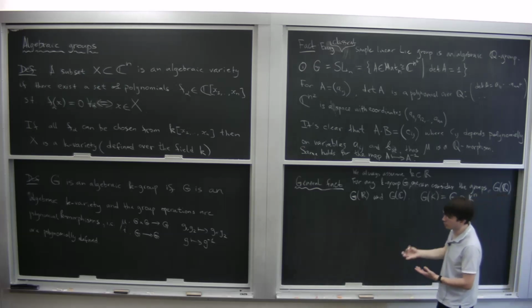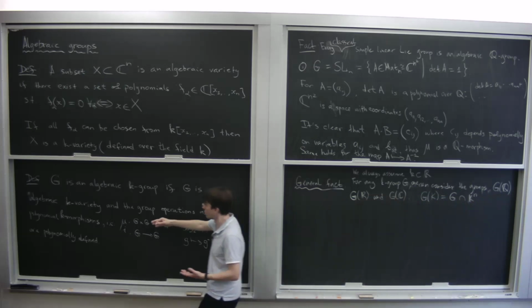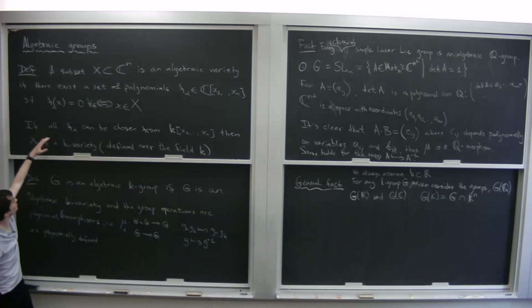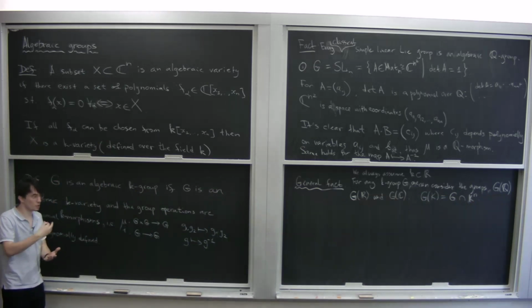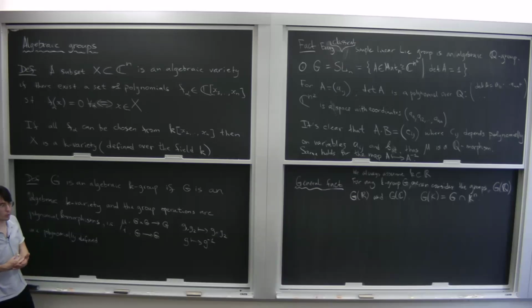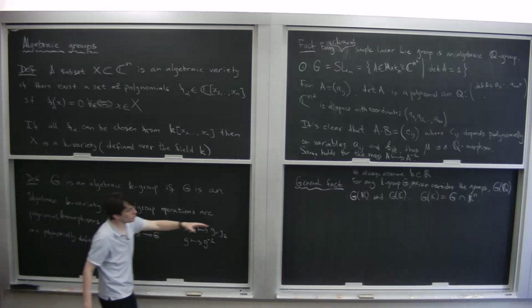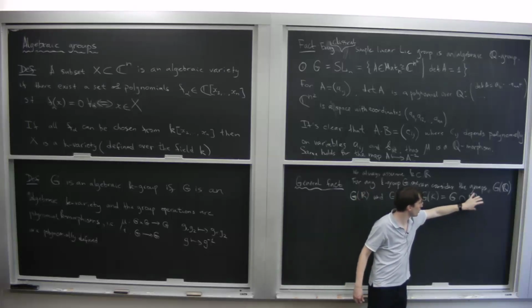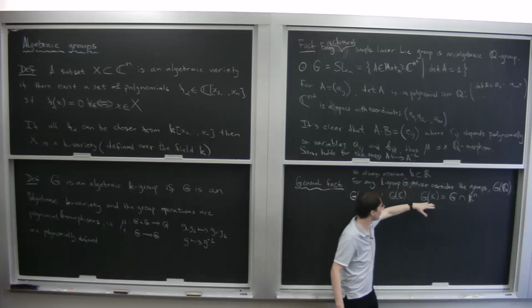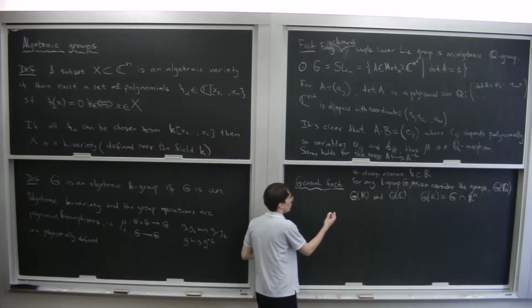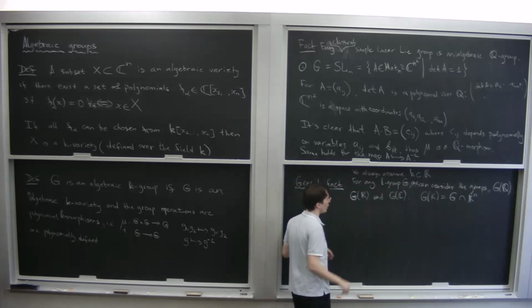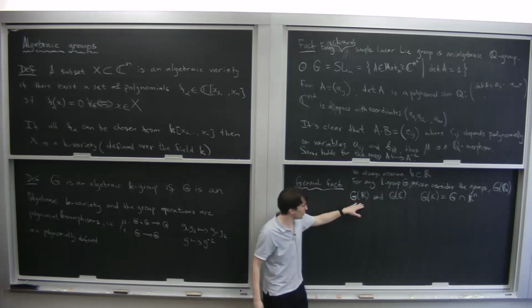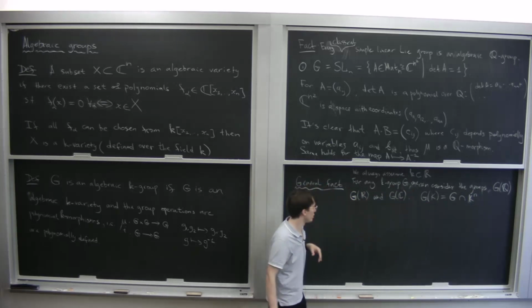So we only include those solutions of this system of polynomials. In fact, algebraic varieties are just the set of zeros of some system of polynomial equations. So we can include all these roots, but here we collect only those that can be taken from K^n, right? And this is my G of K. And the general fact is that G of R and G of C are respectively real and complex Lie groups.